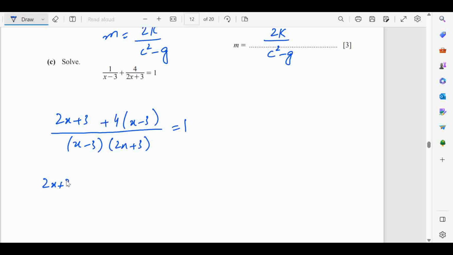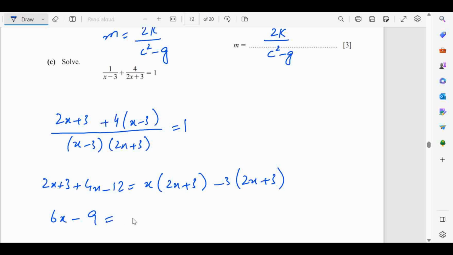So 2x plus 3 plus 4x minus 12 is equal to x into 2x plus 3 minus 3 into 2x plus 3.